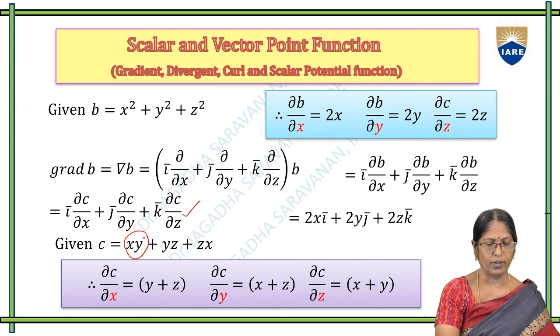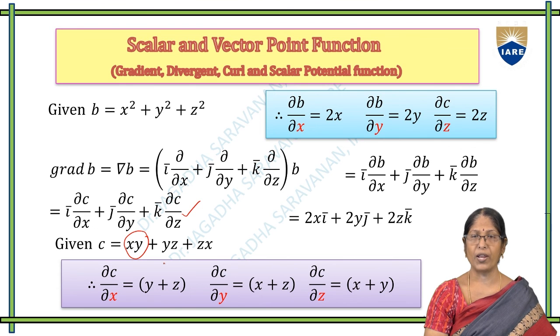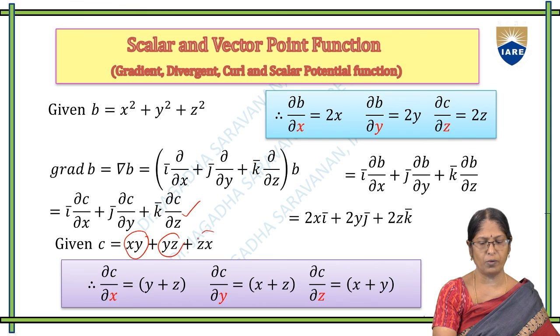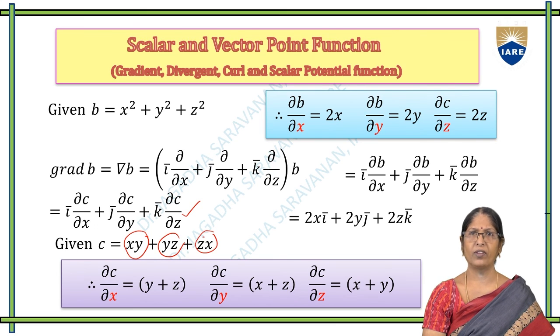This is now xy plus yz plus zx. So the three terms are there. The three terms we have to differentiate partially with respect to x. Yes, we can see here the animated one.